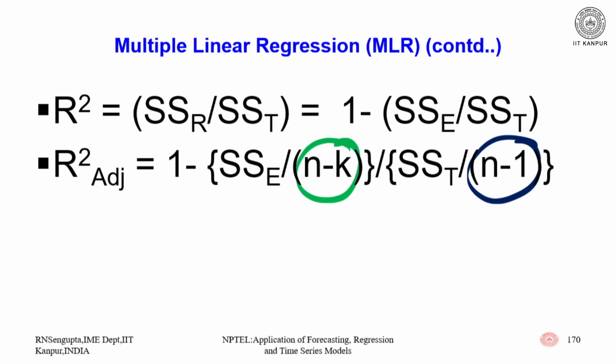And if I consider the concept of SST by n minus 1, it actually gives me the total so-called deviation, which comes from the concept that there are n observations, and the one comes from the fact that you have y and you are utilizing all the information from x plus the error term, in order to give us the idea of the total deviation.